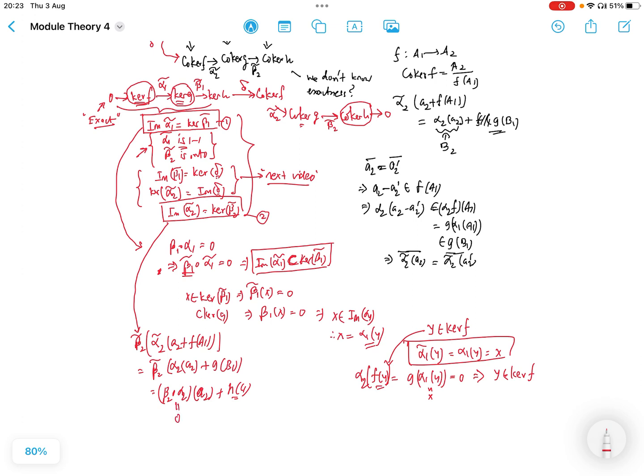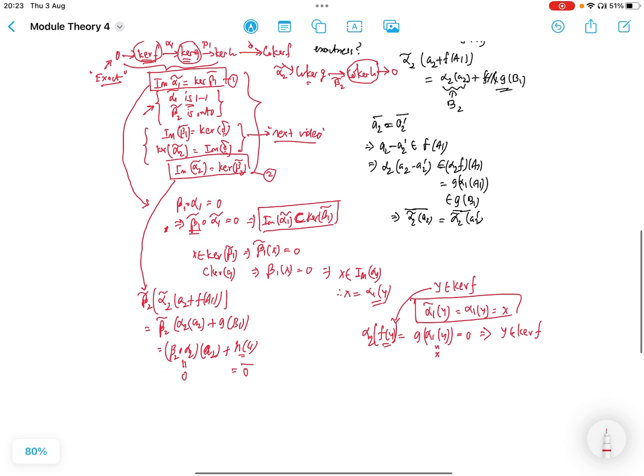So this will result in 0, and that belongs to the image of h of C1. So this will give us just the class of 0. So this easily shows that the image of alpha 2 tilde is inside the kernel of beta 2 tilde. That is half.